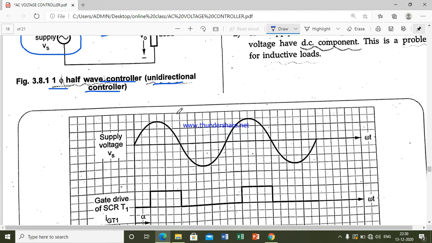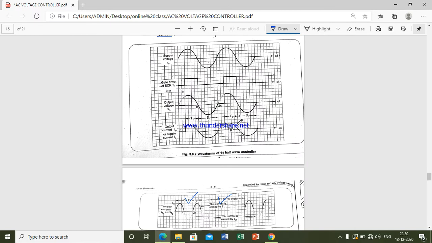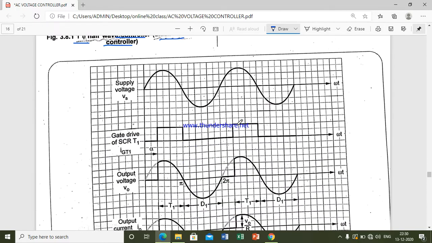If you look at this waveform, you can clearly observe that whenever you apply the pulse, it will turn on. When it turns on, only then you will get the voltage across the output load. And also you know that during the negative cycle, it will conduct through the diode.